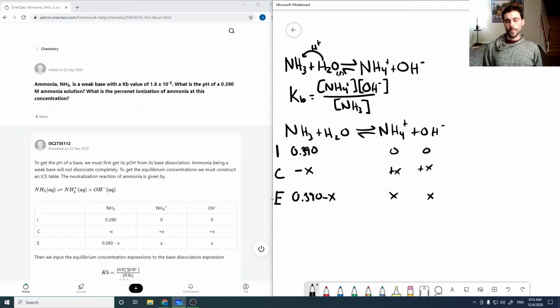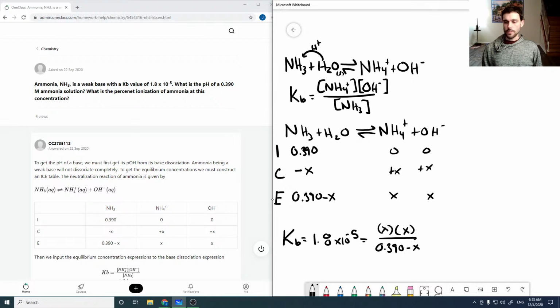And so then we can sub these into our equilibrium expression, which we've written up above, and also with the value. So in the question, we're given 1.8 times 10 to the minus 5, and so that equals x squared over 0.390 minus x.